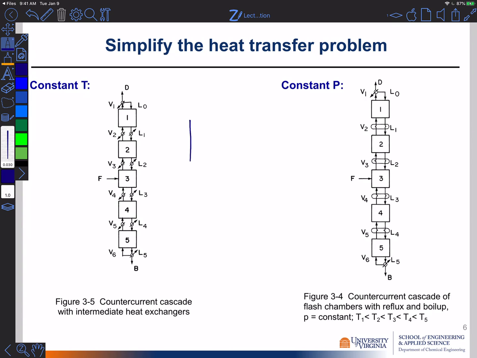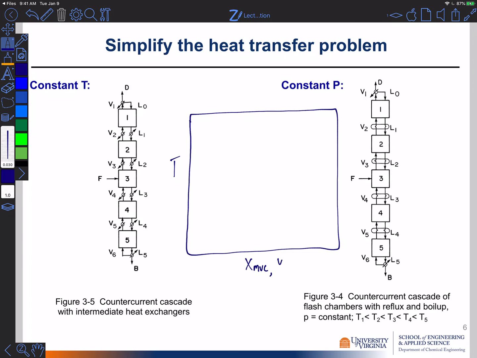And so in the constant pressure process we're going to be thinking about TXY diagrams. Remember, we use MVC as the more volatile component here. And we'll just sketch one out in a TXY diagram.